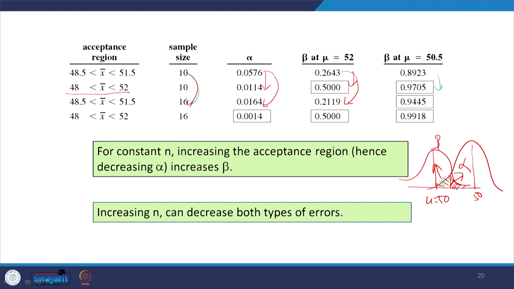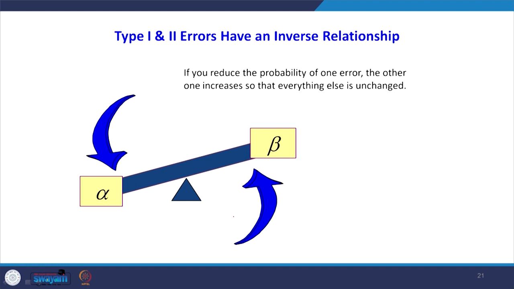Second point, increasing n can decrease both types of error, type 1 and type 2. That is the learning from this slide. Type 1 and type 2 errors have an inverse relationship. If you reduce the probability of one error, the other one increases, everything else unchanged. That is the relation between alpha and beta. Remember, alpha plus beta is not equal to 1.